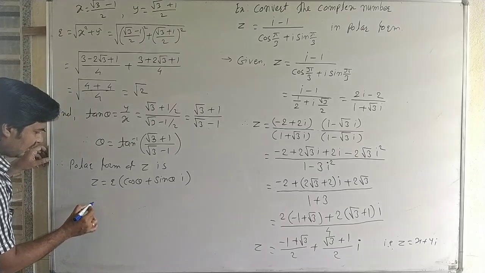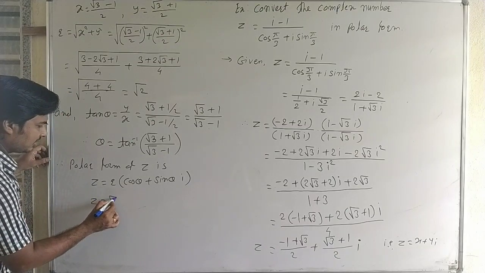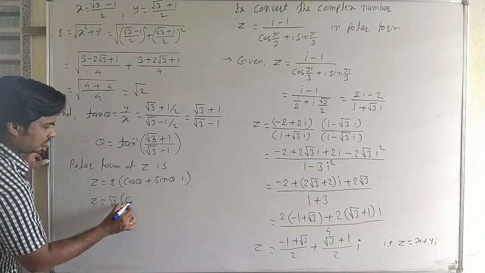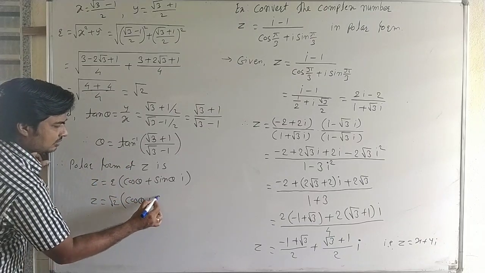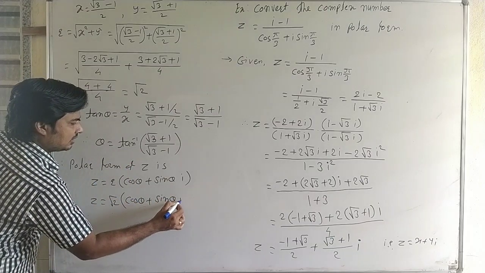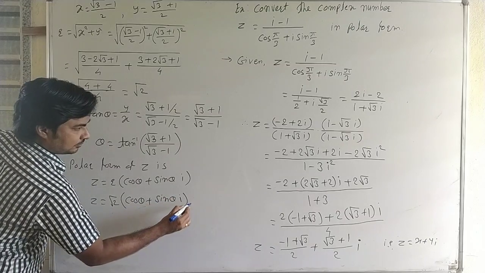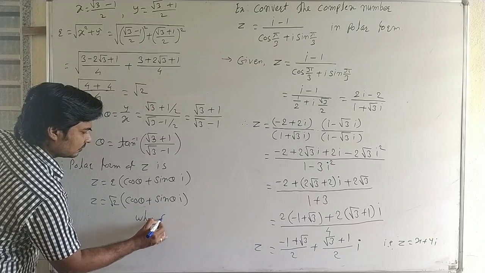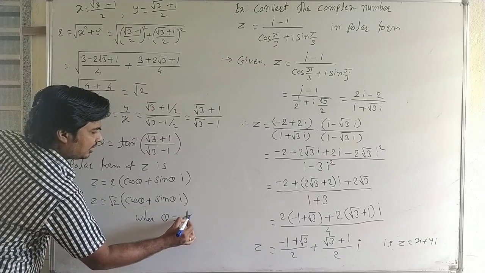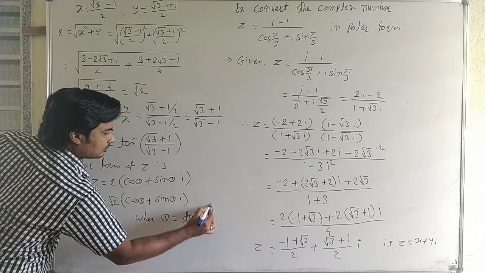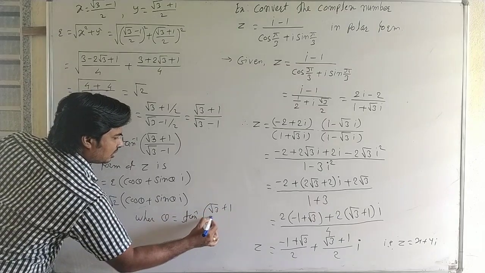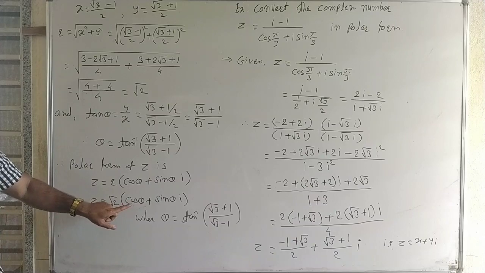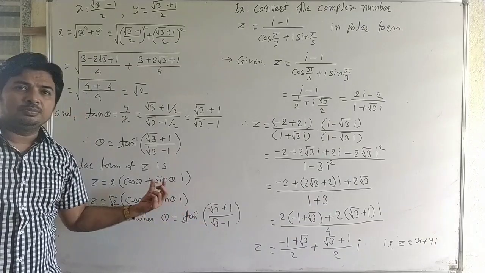Therefore z is equal to √2 (cos theta + i sin theta), where theta is equal to tan inverse of (√3 + 1)/(√3 − 1).